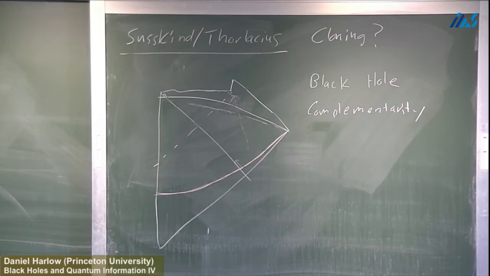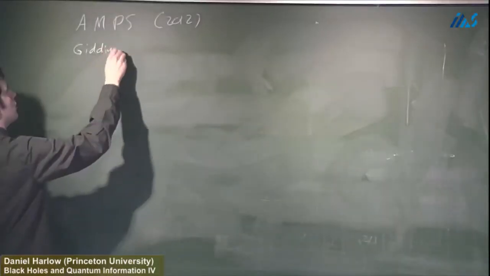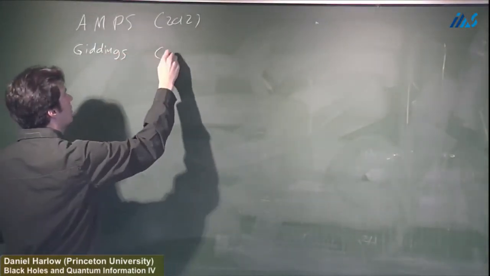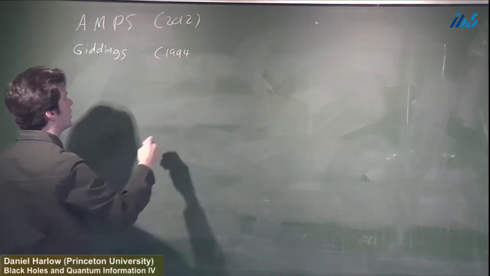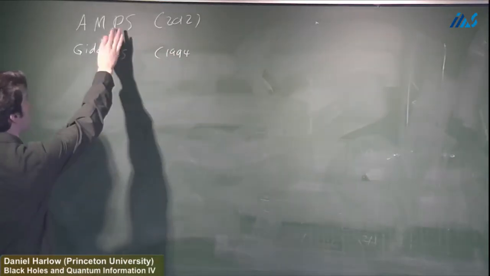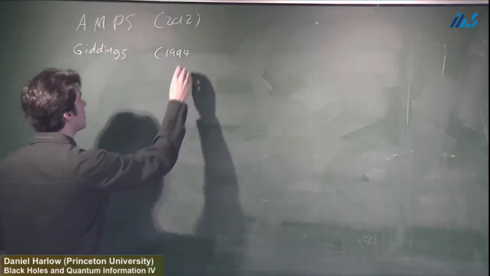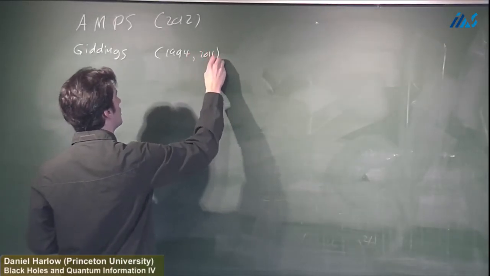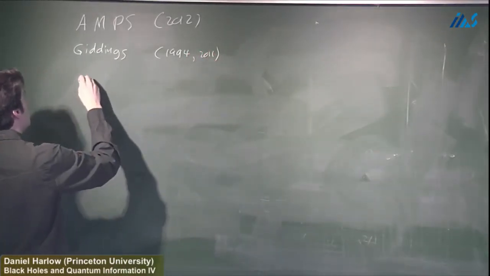The other people whose work was important leading into this are Steve Giddings, who already back in 1994 had expressed some concerns which were similar to what ended up going into this. And then also in 2011 he said some more about it.